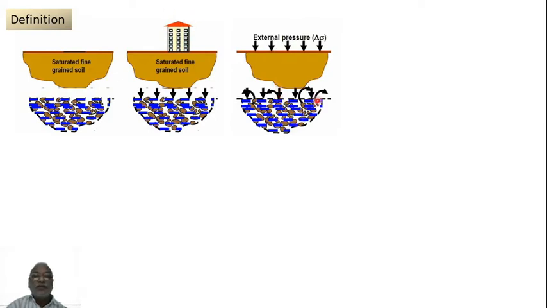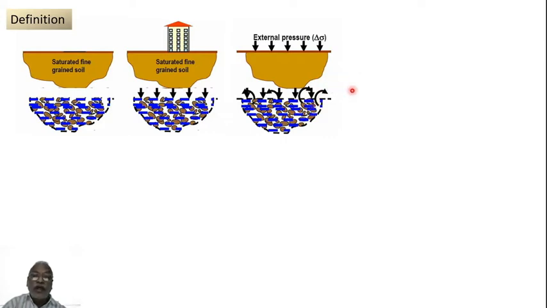The rate at which the water goes out depends upon permeability. Because it is fine-grained soil, the permeability is quite low, and it takes a lot of time. I told you just now, it may take months or years. So at that rate the water goes out.